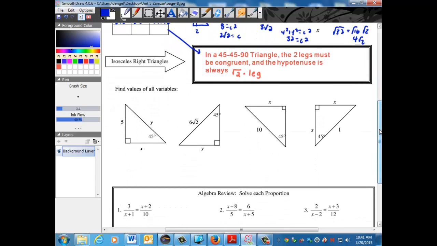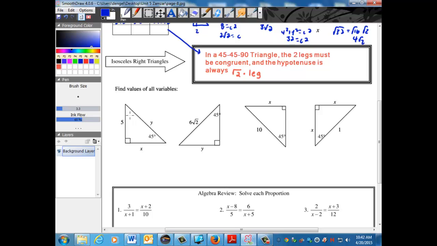Alright, so we're going to solve these 4 triangles. One other thing is that if you forgot this rule, we could use SOHCAHTOA and solve for x and y. The reason we wouldn't want to use trig here is that it would take a lot of work. We could use trig, but what we're going to find out is that the rule of a 45-45-90 triangle actually saves us a lot of time.